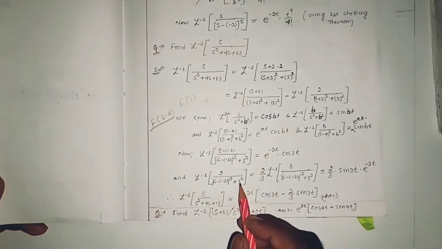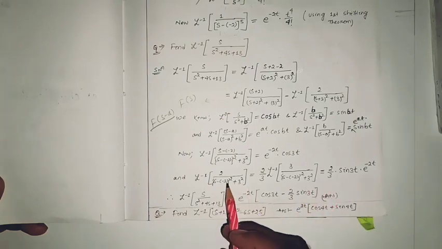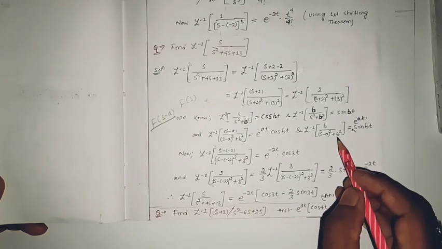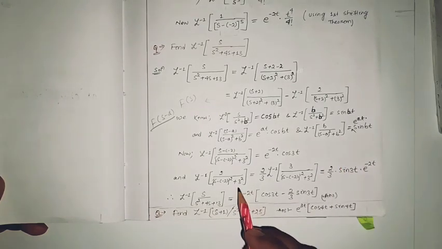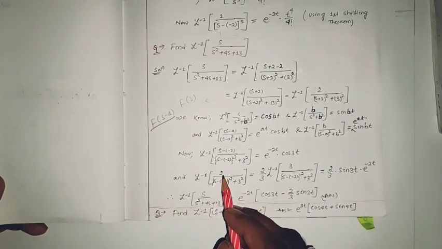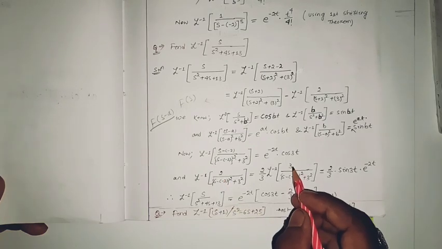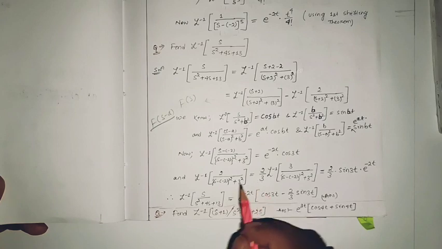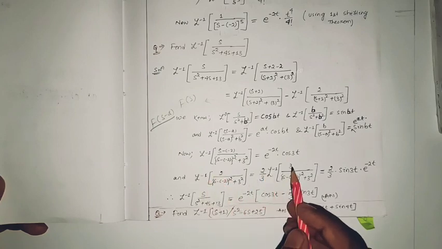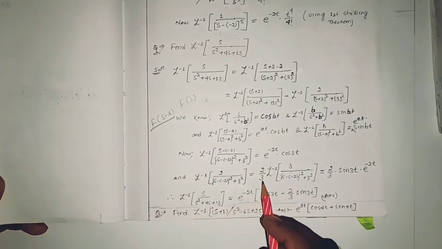Instead of a, minus 2 is there, instead of b, 3 is there, but on the numerator there is no 3. So only for that we have to multiply by 3 and divide by 3. So 2 taken outside, 2 by 3, 3 multiplied and 3 divided.